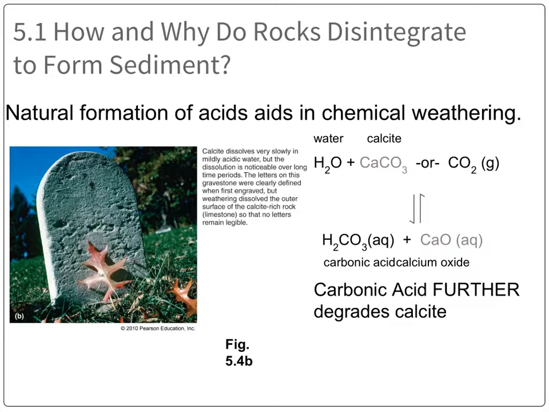In many cases, rainfall in an area is naturally slightly acidic. As that rainwater percolates through the organic material in the litter and soil layers above the bedrock, it's going to encounter much higher levels of carbon dioxide from the decomposition of that organic material, forming more carbonic acid.